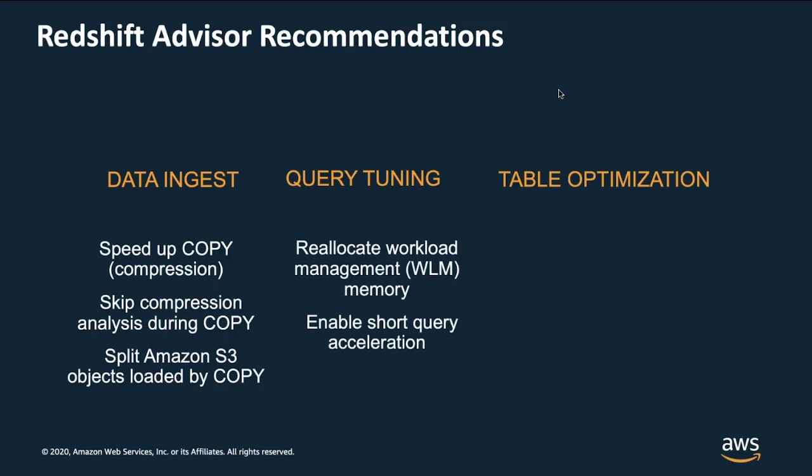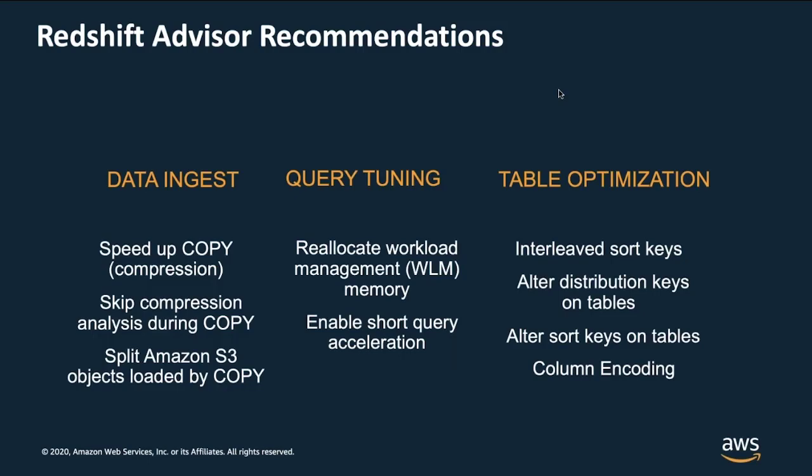For query tuning, the workload manager will be evaluated to identify opportunities to reduce memory consumption and increase throughput by enabling features like short query acceleration. And for table optimization, the Advisor will look at how queries interact with your data to make recommendations for applying better sort keys or distribution keys to your tables to speed up joins or table scans.